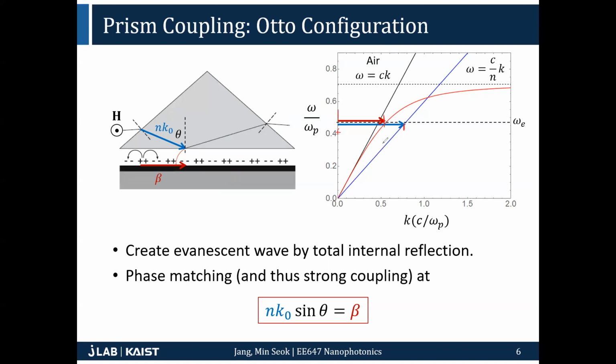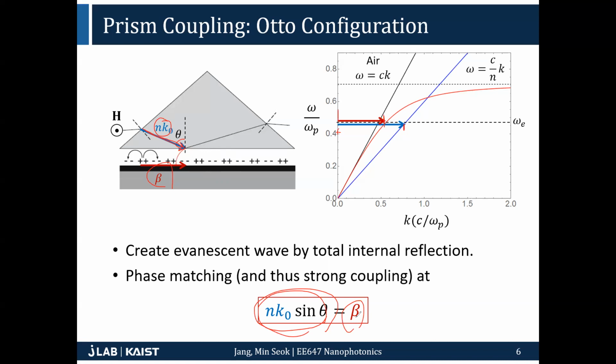So if this condition is met, then you can actually change the angle of incidence. You can basically engineer the angle of incidence of this light inside of prism so that their X component, their surface parallel component, and the propagation constant of plasmon are matched.